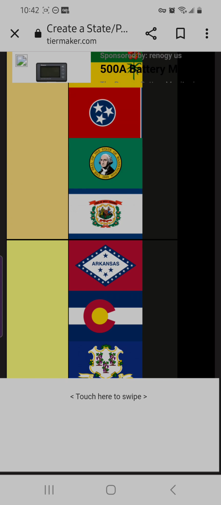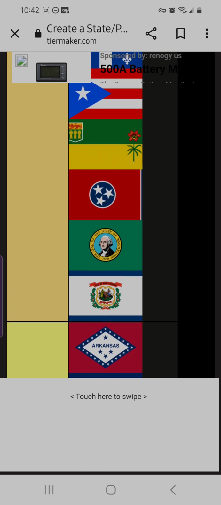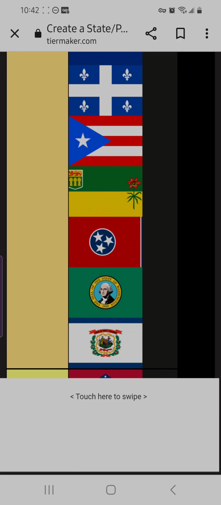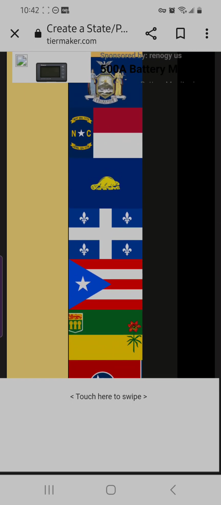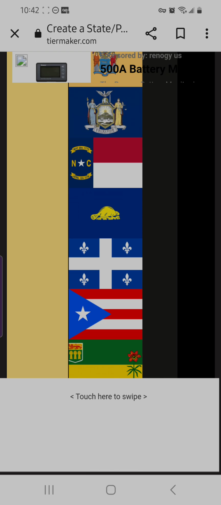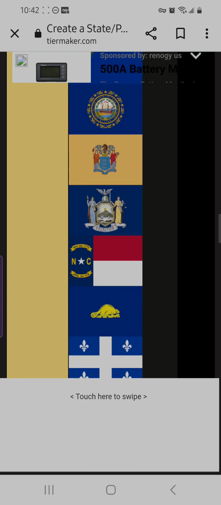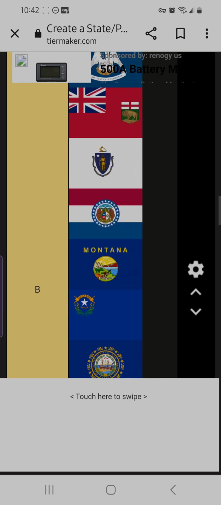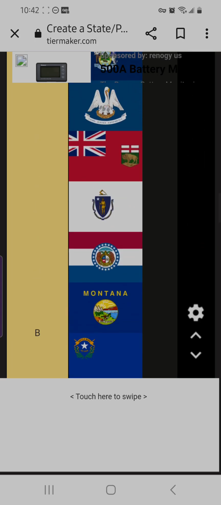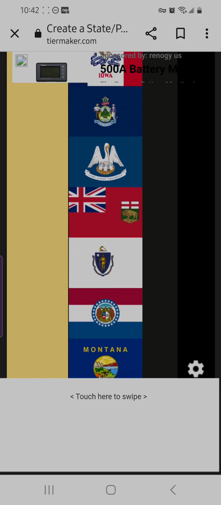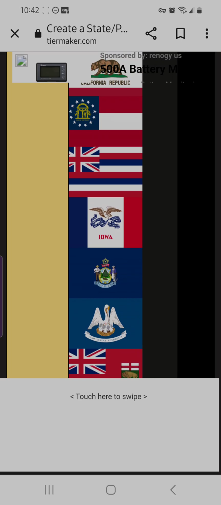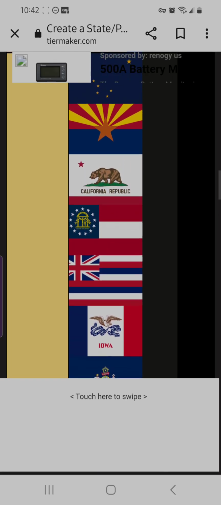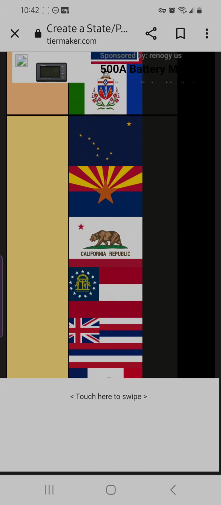In the B tier, we have West Virginia, Washington, Kentucky, Saskatchewan, Puerto Rico, Quebec, Oregon, North Carolina, New York, New Jersey, New Hampshire, Nevada, Montana, Missouri, Massachusetts, Manitoba, Louisiana, Maine, Idaho, Hawaii, Georgia, California, Arizona, and Alaska.